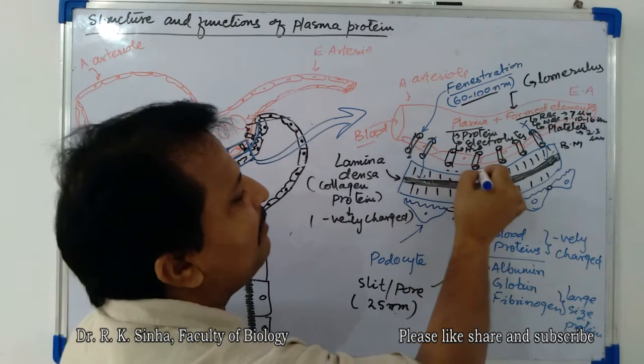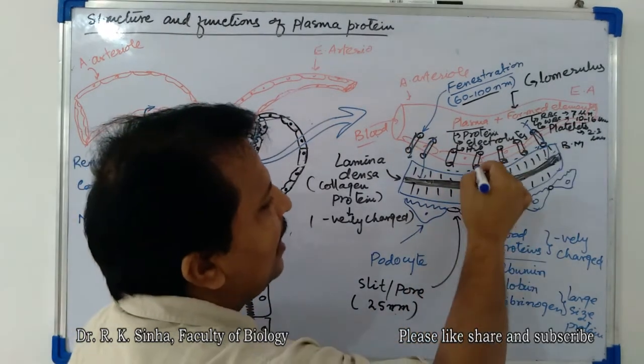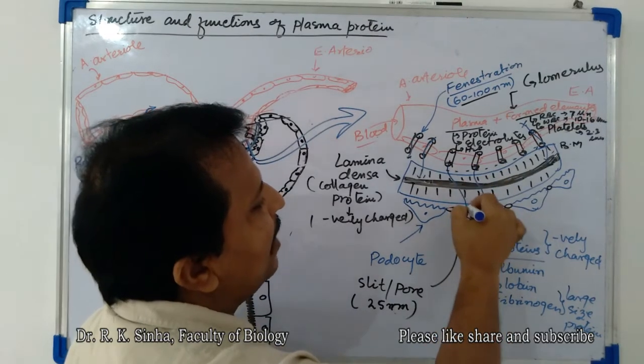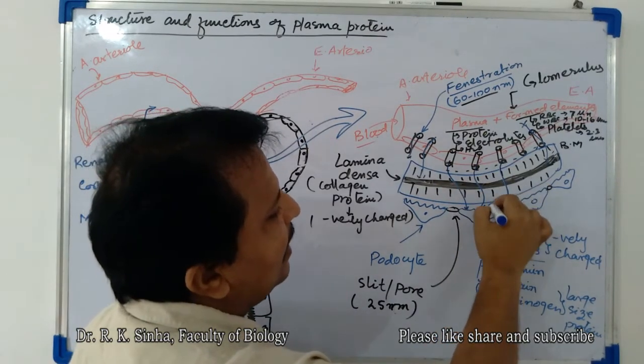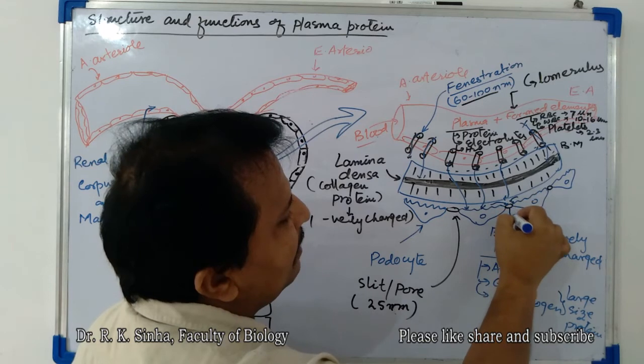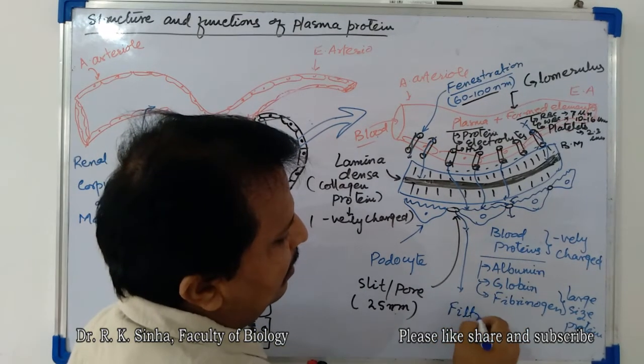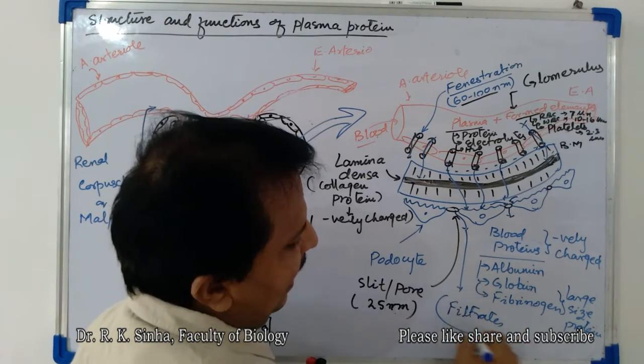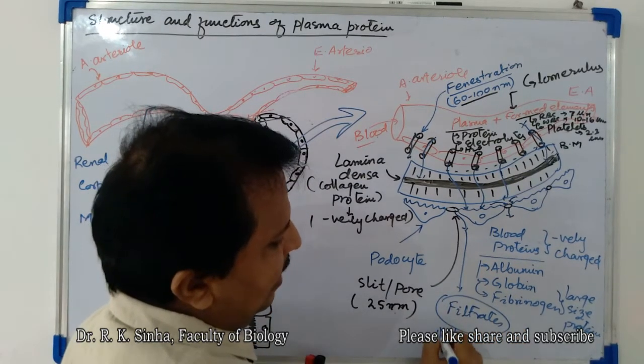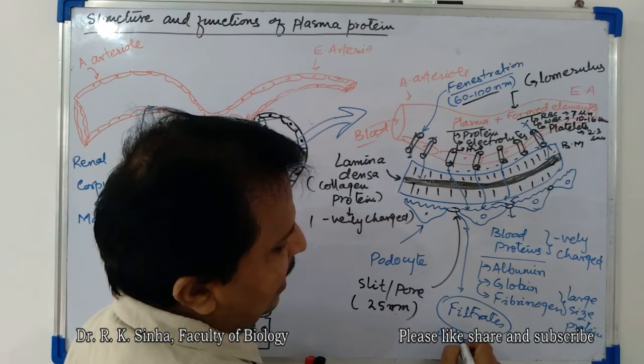The filtrate will come here first, then pass through each layer, then move to this fenestration, and the filtrate will come out and accumulate in the Bowman's capsule.